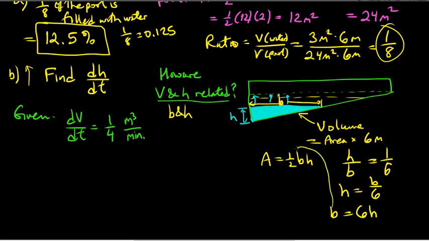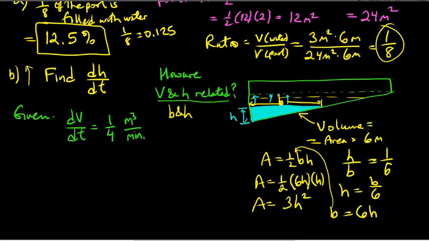And then I can plug that in to get the area in terms of h. We know b is 6 times h, and then times h. So half of 6 is 3, and h times h is h squared. So the area is 3h squared.